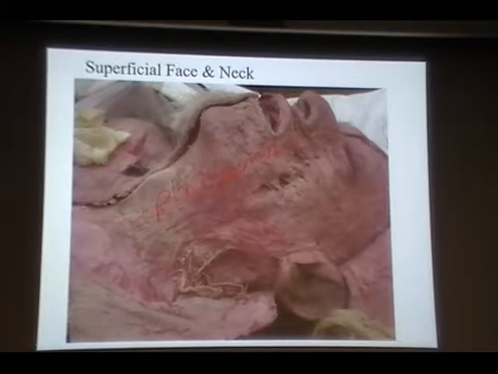And coming out under here, this area here, this is Erb's point. Here's the great auricular. Here actually, this is the lesser occipital.